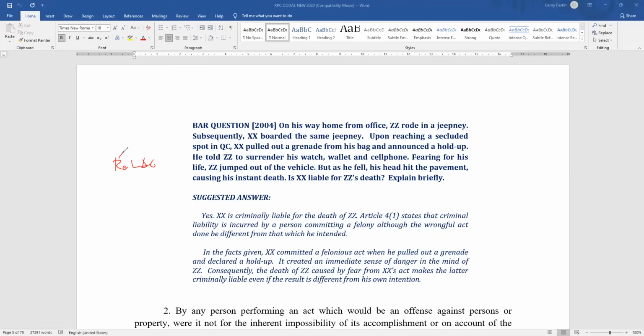Reply, legal basis, application, and C stands for conclusion.